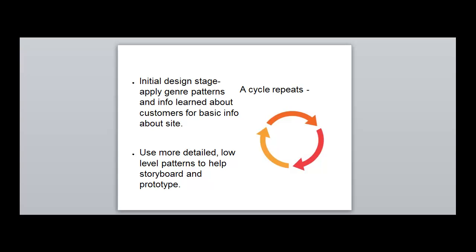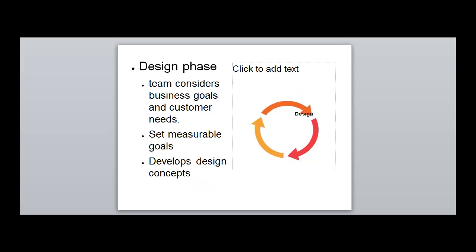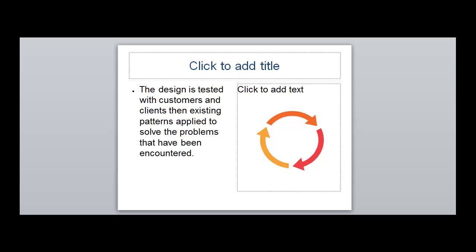Those are going to be very low-level patterns, and that's going to work with a storyboard, not a lot of detail in that. In the design phase, your team considers the business goals and customers, as we said, and you're going to continue on with that.